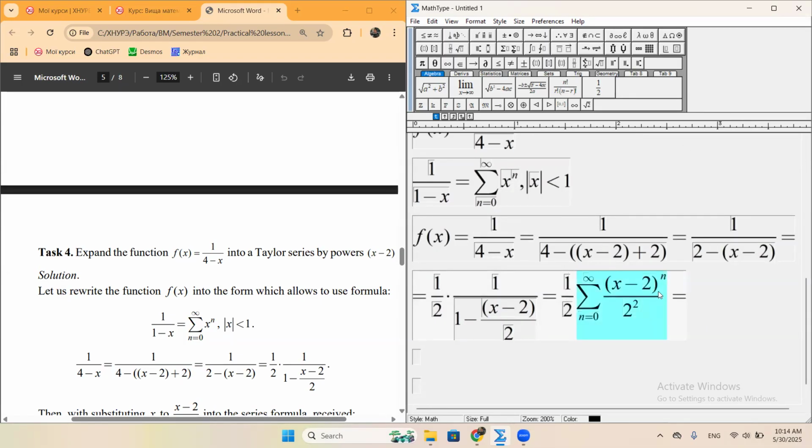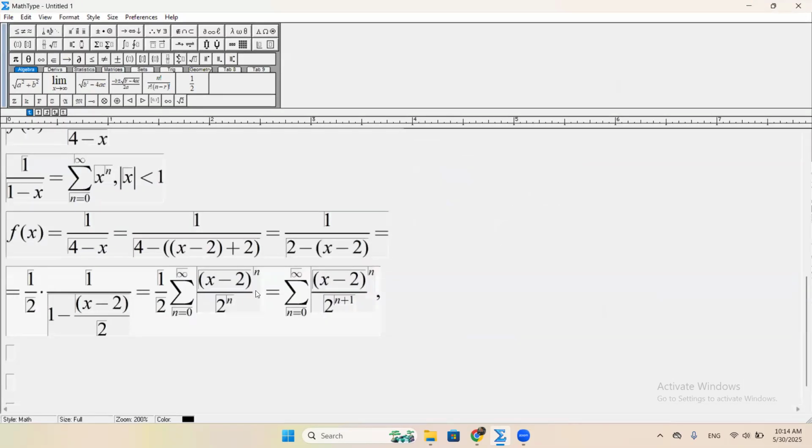Okay, let's also move 2 into this series, so 2 over 2 to the power of n. And we also have to write down that the modulo of this expression is less than 1.